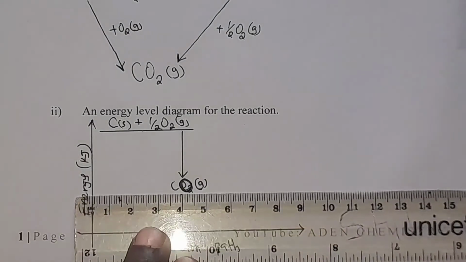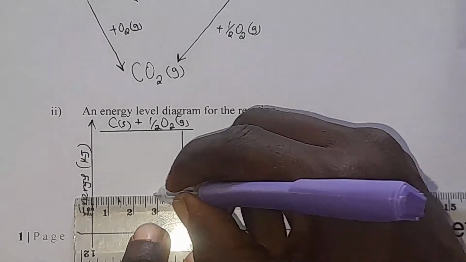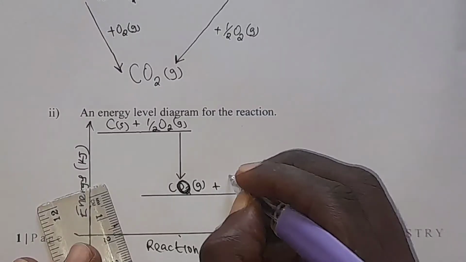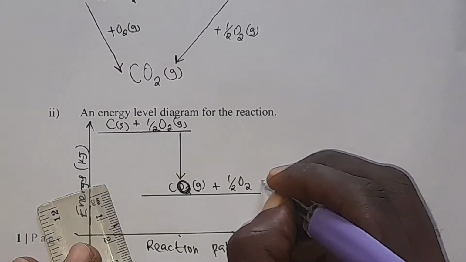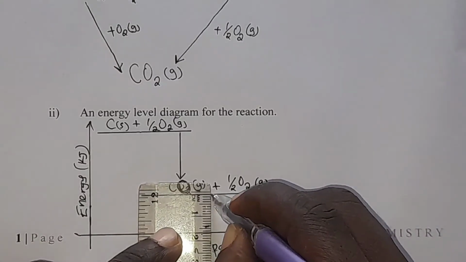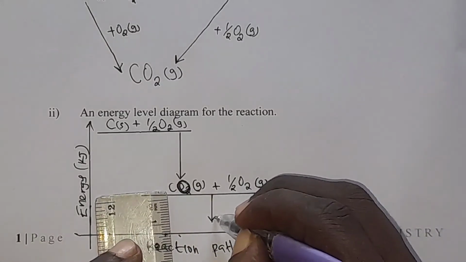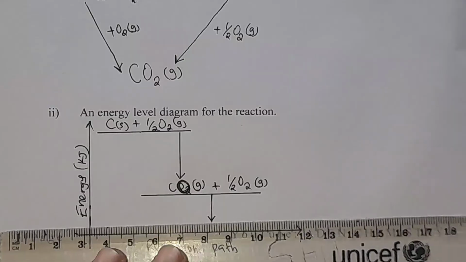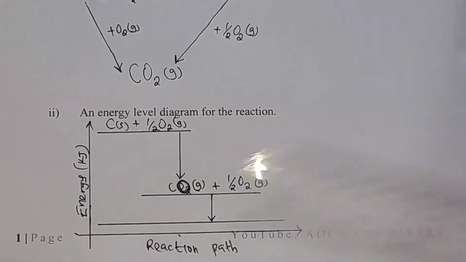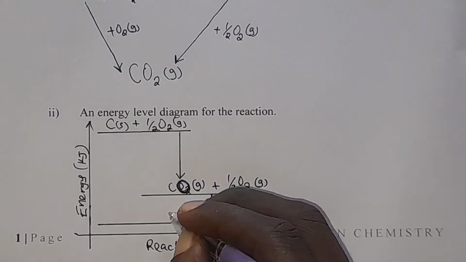So if that carbon 2 oxide gas reacts with oxygen gas, with half of oxygen gas, that means what we are going to get as a product will be carbon dioxide.